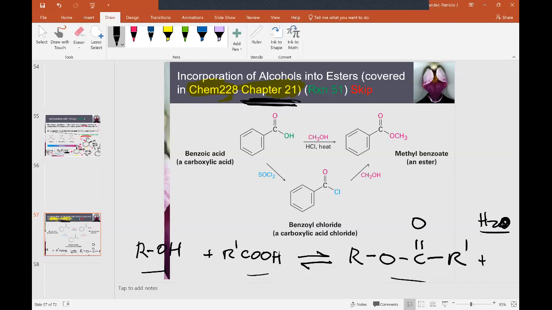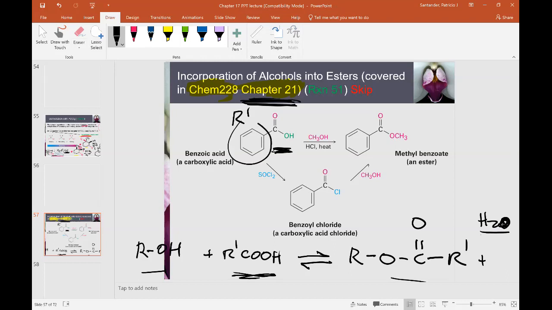So for the time being, it will be enough that you know that when reacting a carboxylic acid, like this example here, benzoic acid, that will be my R prime in the general reaction that I gave you down here. And so the phenyl group will be my R prime.